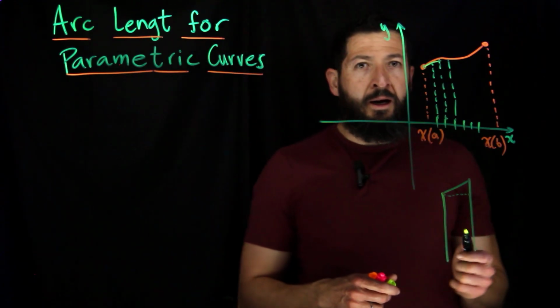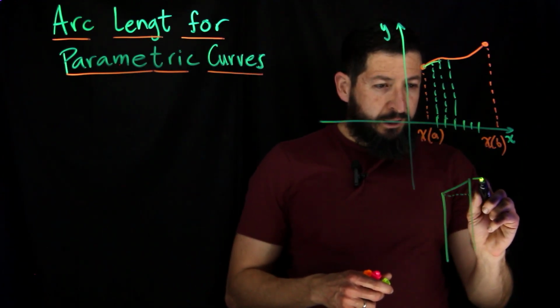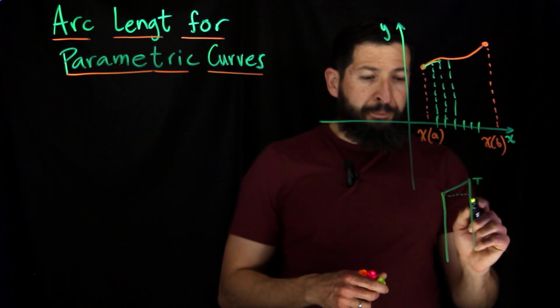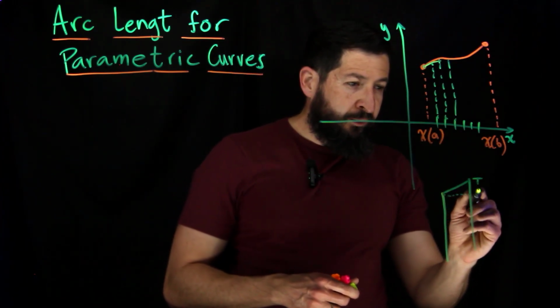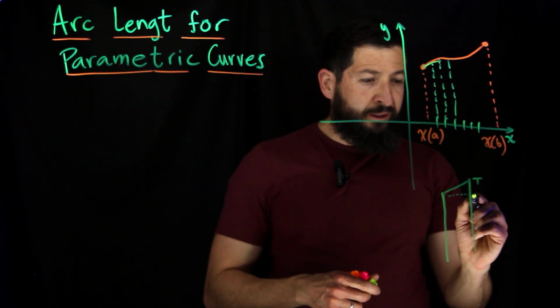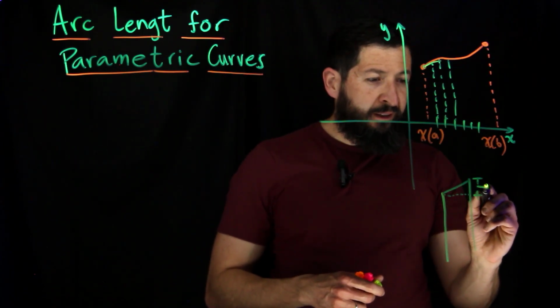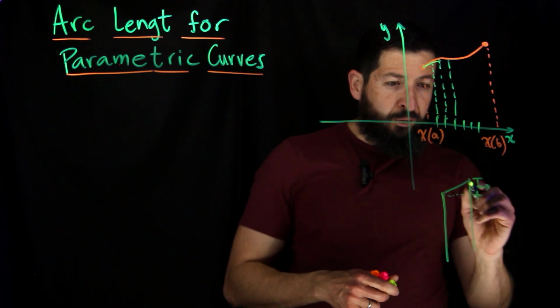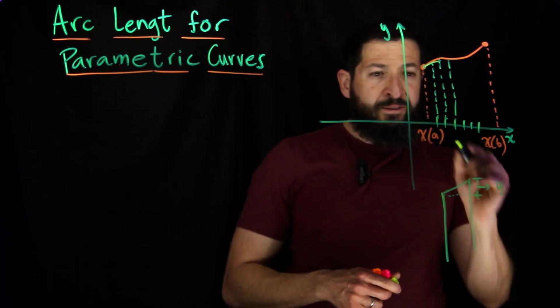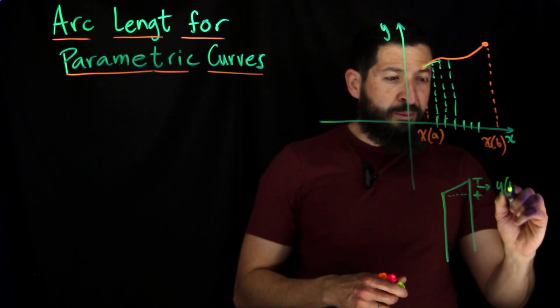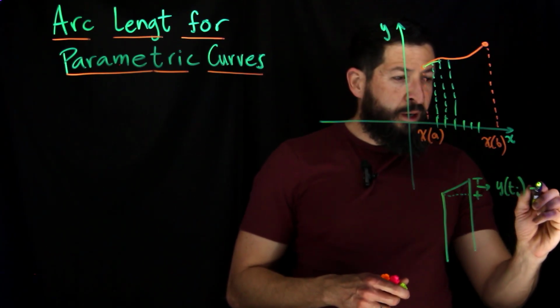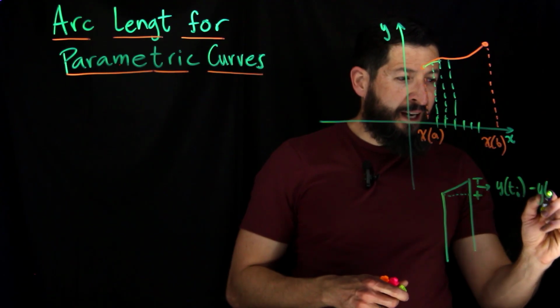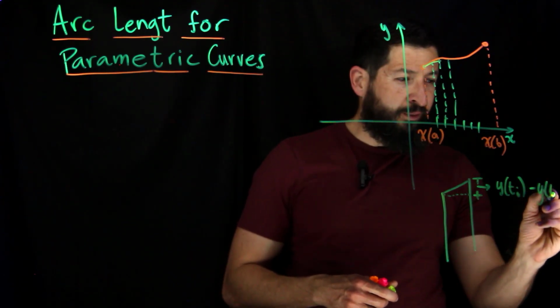what would your length be here? Well, you will have to get two quantities. This one right here, which is going to be your y given at any time, so let's call it at time i, minus y at time i minus 1.